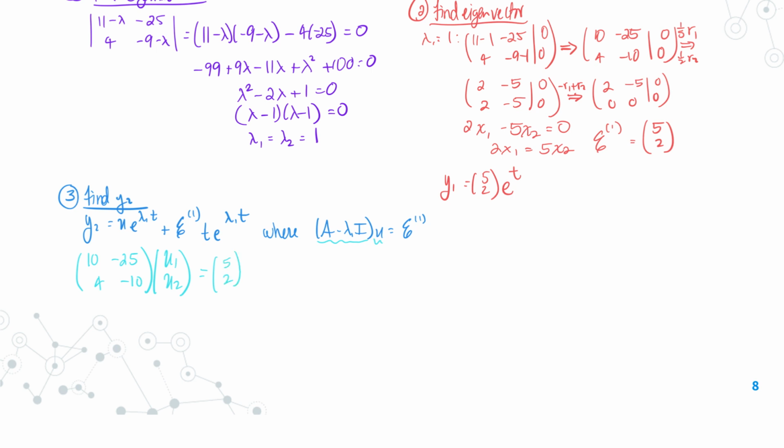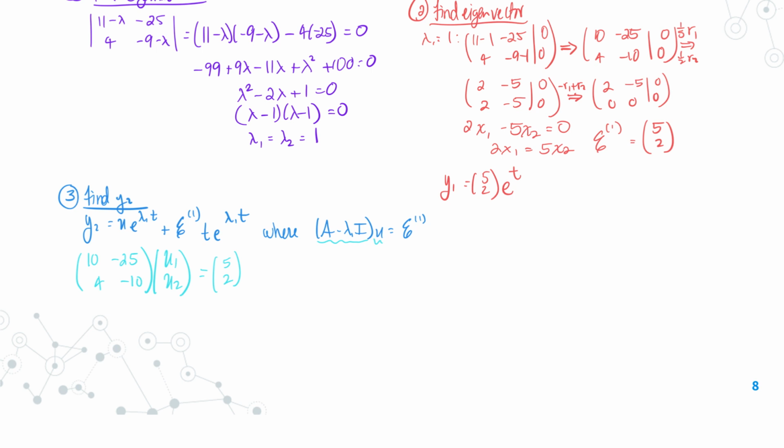So very much the same way that we've been solving for our coefficients for our general equation when we have initial conditions, and much like we've been solving for our eigenvectors, we can do the same thing now with an augmented matrix to help us solve for u1 and u2.